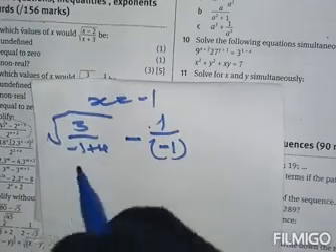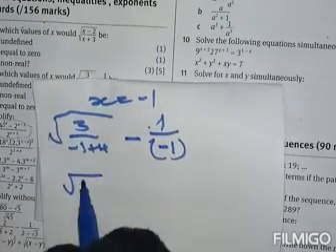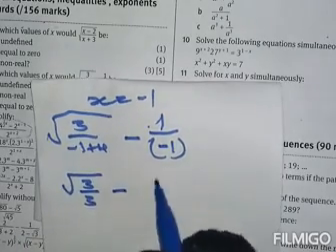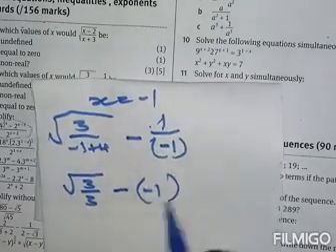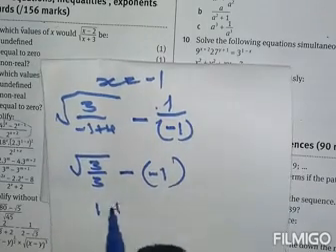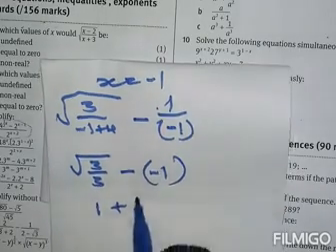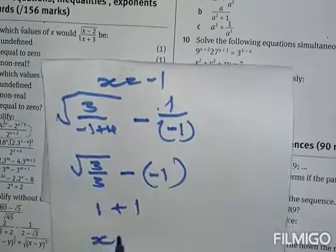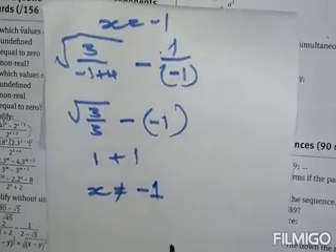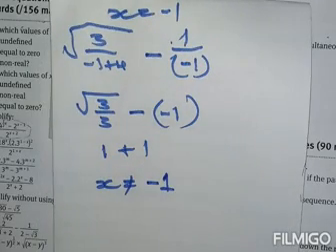Working this out, we have 3 divided by 3, which gives us 1, minus -1, which gives us plus 1. So our x is not equal to -1. So we're done with these questions.